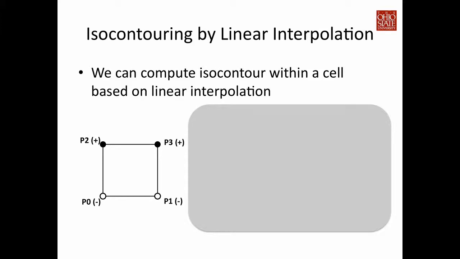First of all, given the iso value in the cell, you compare the value at each of the vertices with the iso value C. If it's greater than the iso value, in this example here, I mark it as a black dot with a plus sign. If the value at the corner is lower than the iso value, then here I mark it as a white circle with a minus sign.